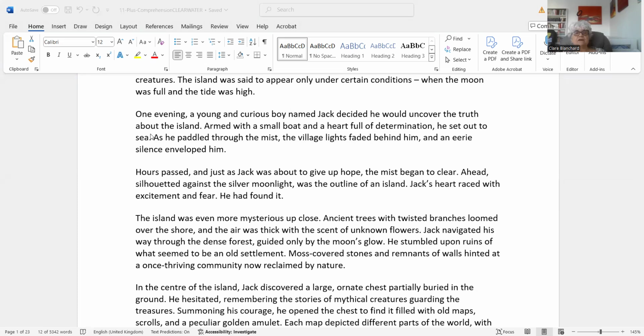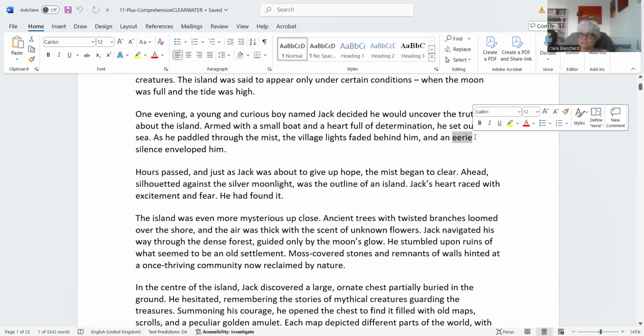So I would use that as a quotation. And I would probably add the word eerie as a way of saying the author's deliberately using vocabulary that emphasizes mystery and suspense.